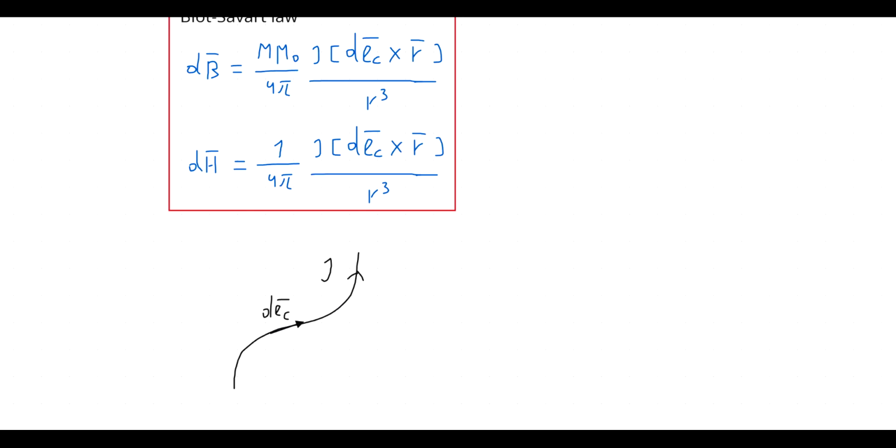R is a vector that begins at the beginning of vector dlc and ends at the point where we want to calculate the magnetic field.